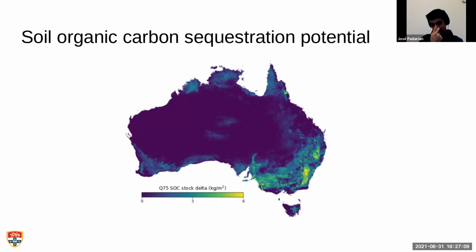Like I said, this is mostly focusing on croplands, and by measuring the difference between different quantiles, we can sort of estimate what we could do, and if we do something better, how much carbon we can sequester in those soils. Obviously, depending on the types of soil, climate, position in the landscape, and that's all included in this model.